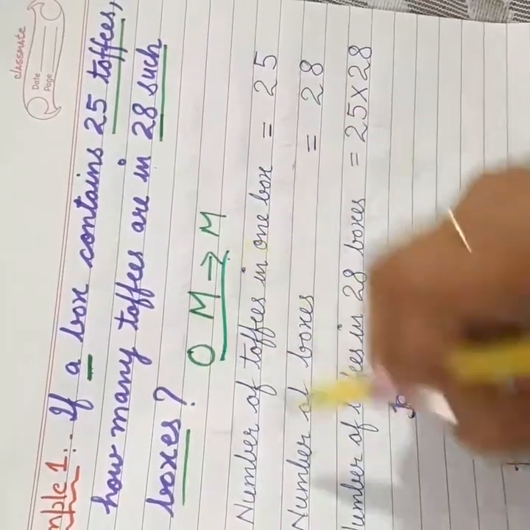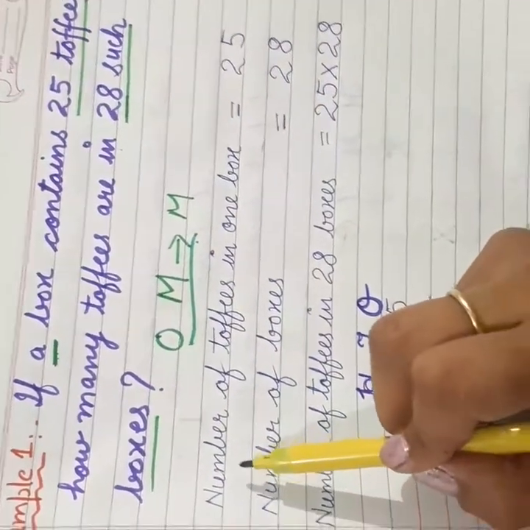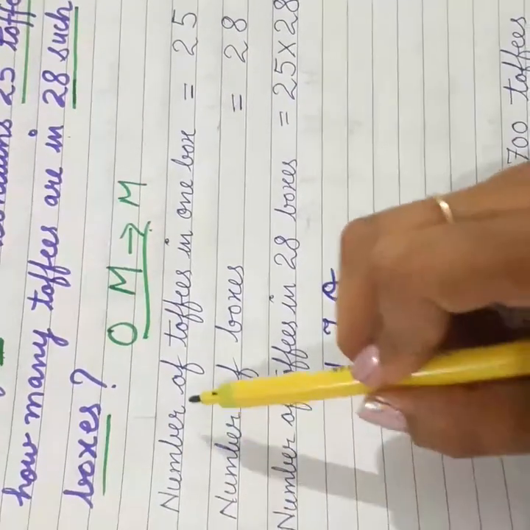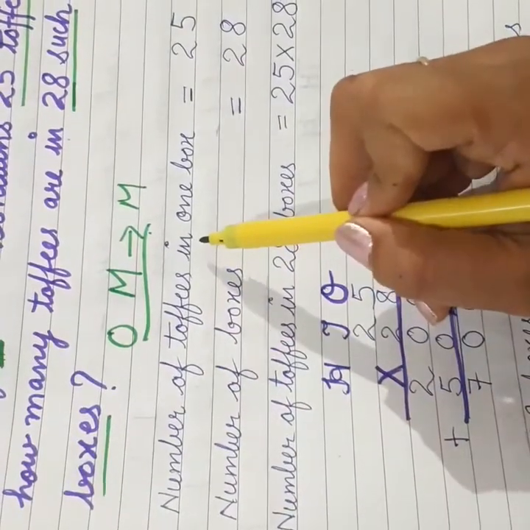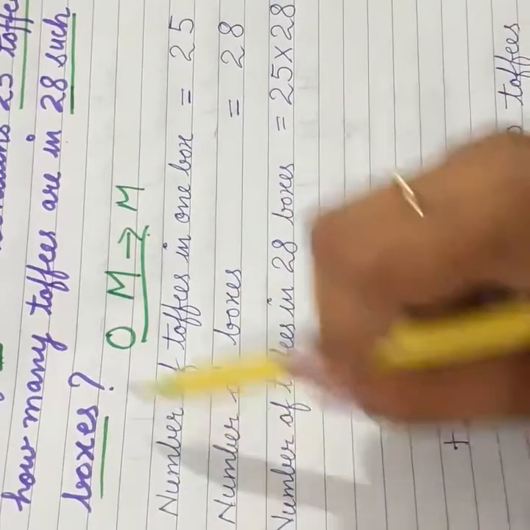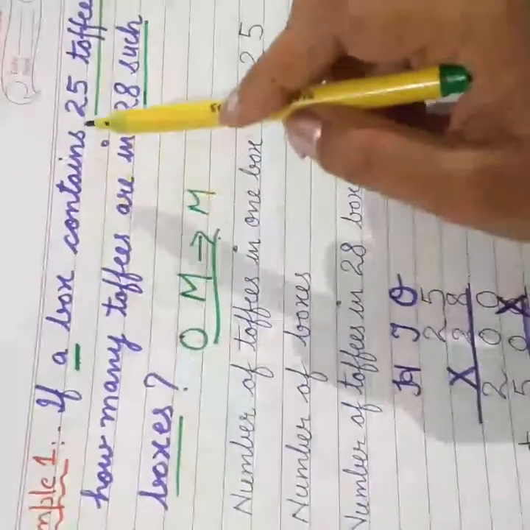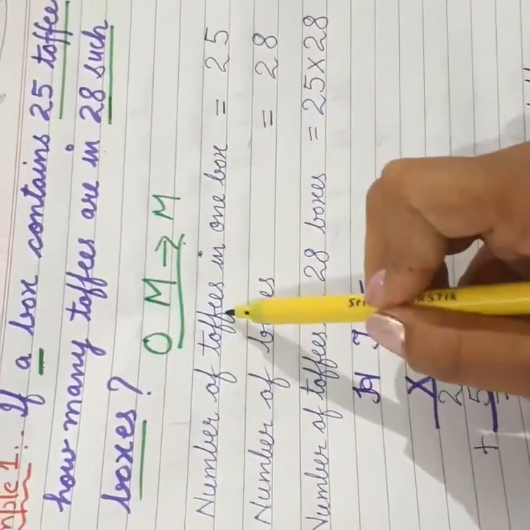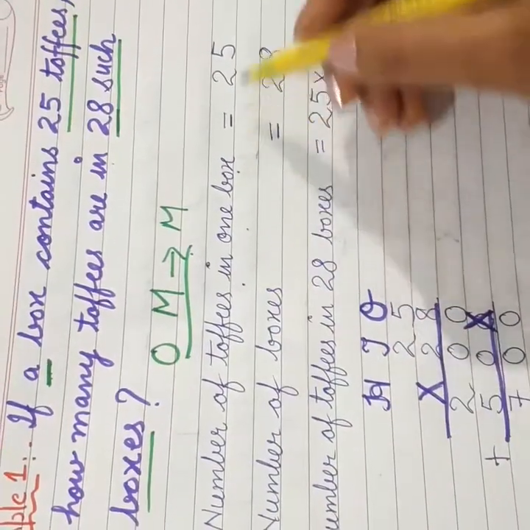So how will you write its statements? First you will write the first statement about one thing, that is, a box contains 25 toffees. That means the number of toffees in one box is 25.